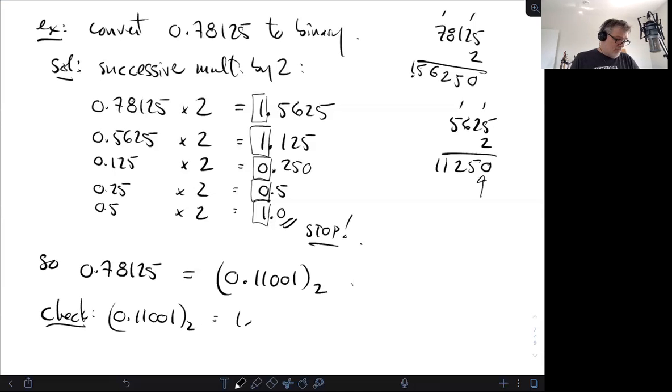This is 1 times 2 to the negative 1 plus 1 times 2 to the negative 2, and so on, plus 1 times 2 to the negative 5. I'll skip the details here, but it turns out that it's the right thing. I should not have messed up. No, I didn't. It's all good.